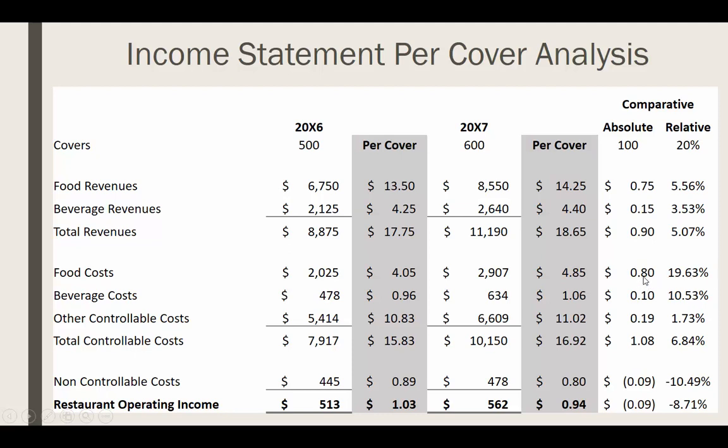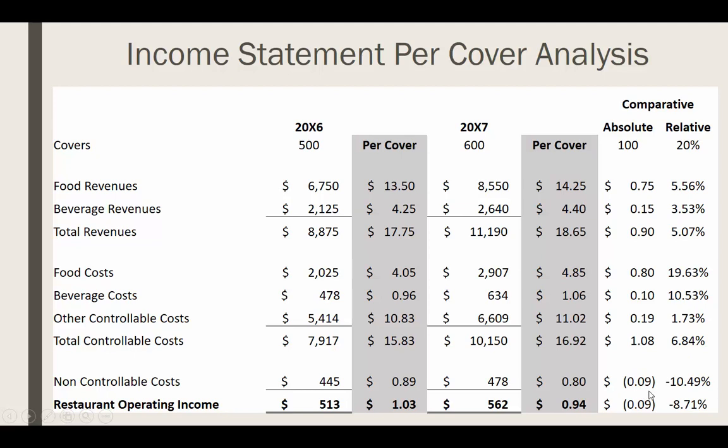So per cover, I went 80 cents more for food costs, 10 cents more for beverage costs, 19 cents more. That's only a 1.73% increase. I'm not as concerned. But overall, my cost per cover is $1.08 more per cover. That's almost a 7% increase. Which is going to show up down here.